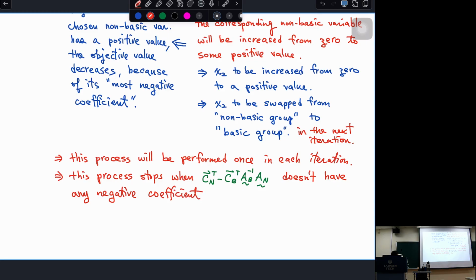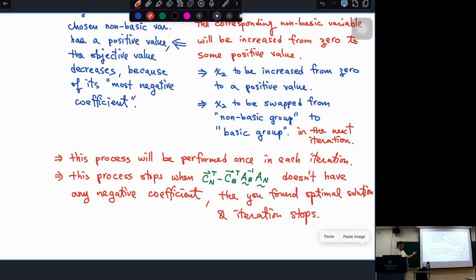Then you found optimal. If in this chunk there's no negative coefficient, you cannot find a lower function value anymore, then stop, because you cannot find a better solution. That's the optimal. Okay? So this is the first part.